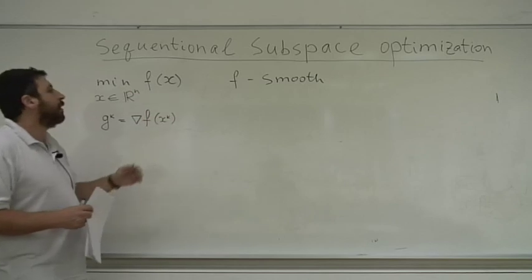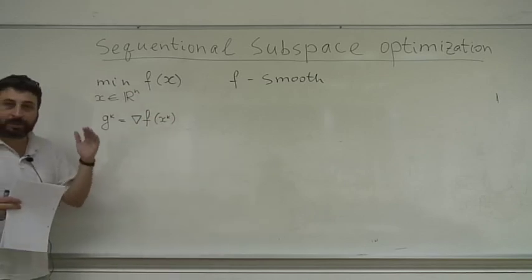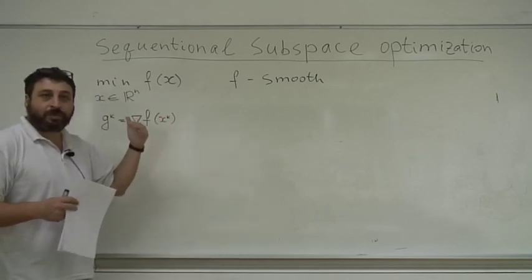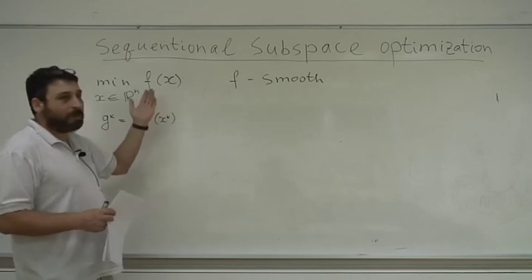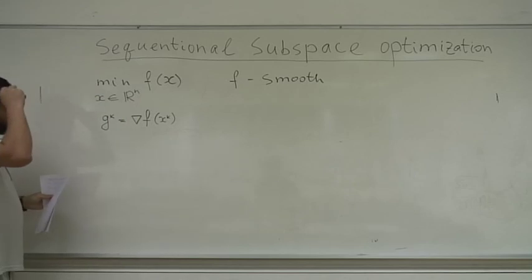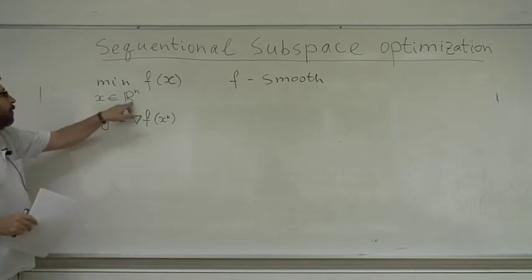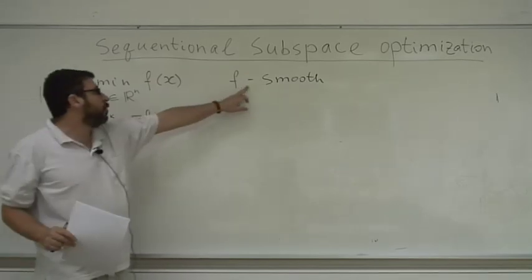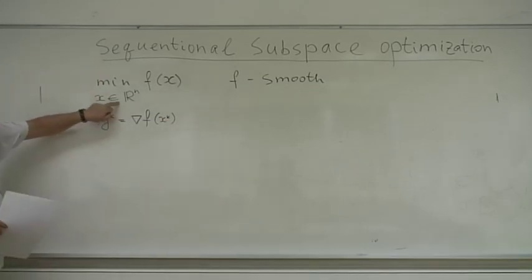And here, in this method, we will do it explicitly because we now deal not with a quadratic, but with a general nonlinear function. So suppose we would like to optimize a smooth nonlinear function of n variables.